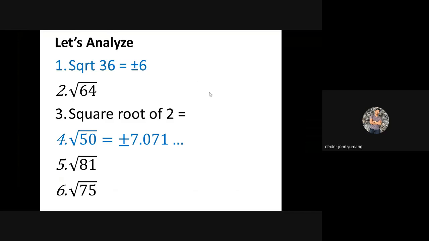Balikan natin kanina yung multiplication table.